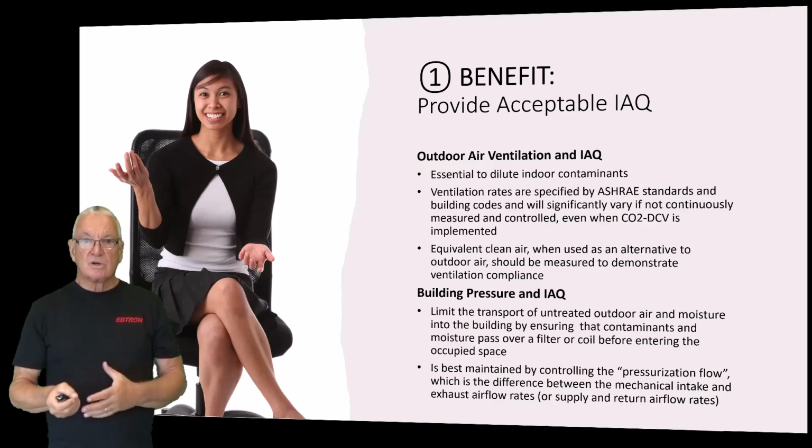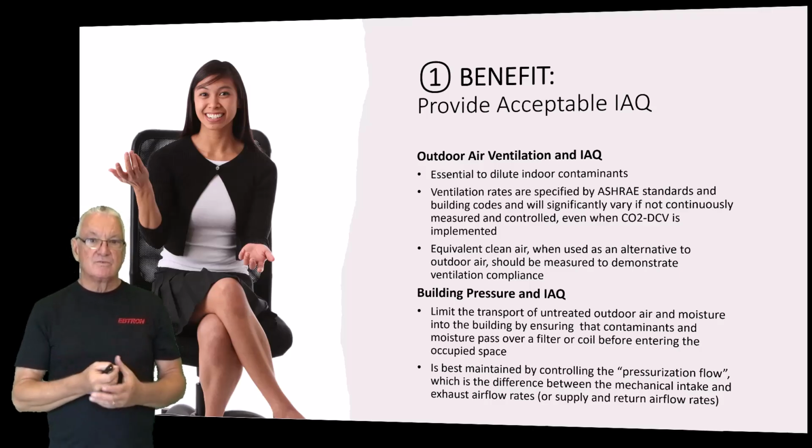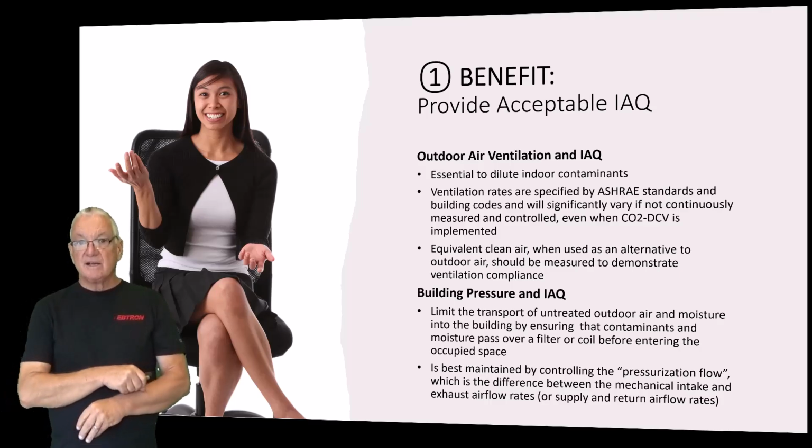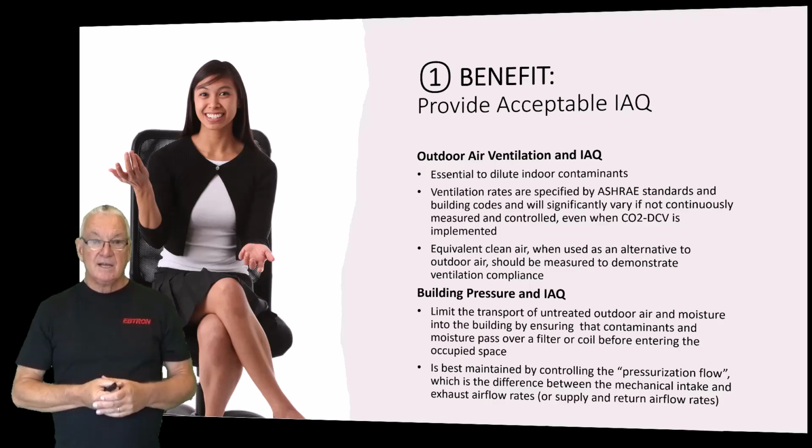There's a push towards equivalent clean air using high level filtration, and that's okay too. But if you're making a claim on equivalent clean air, you need to know how much equivalent clean air you're providing.